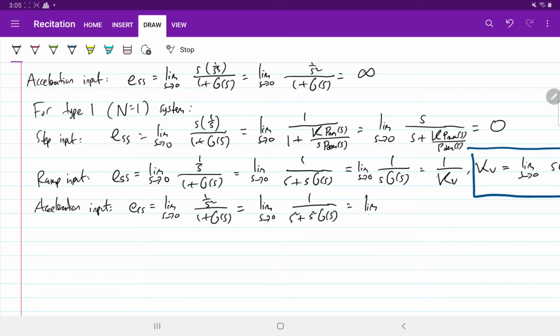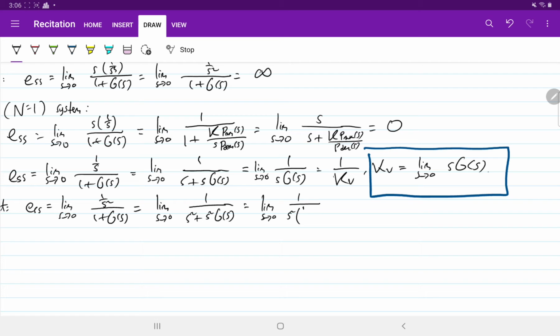So limit s to 0 1 over s squared, and g of s for type 1 has this structure, kp numerator over s p denominator.